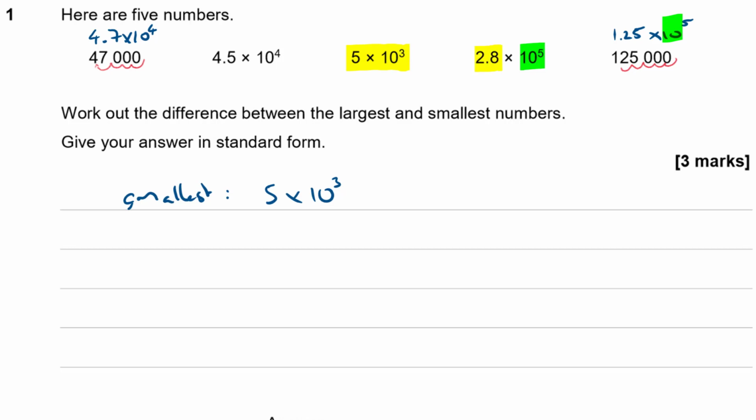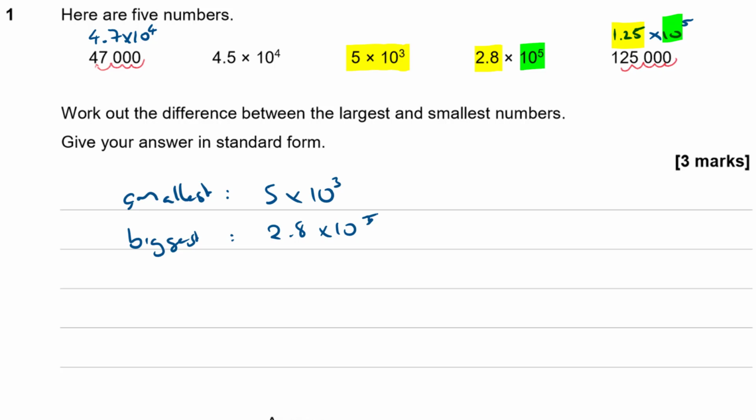So 2.8 is bigger than 1.25. So 2.8 times 10 to the 5 is the biggest number. So the biggest is 2.8 times 10 to the 5. Now what we want to do is work out the difference between them.